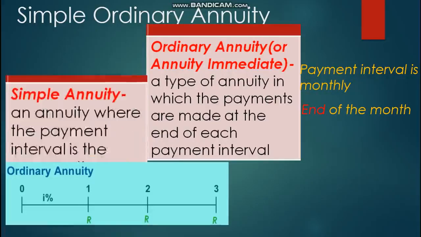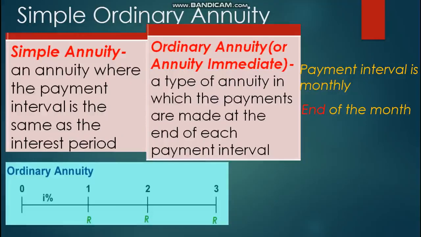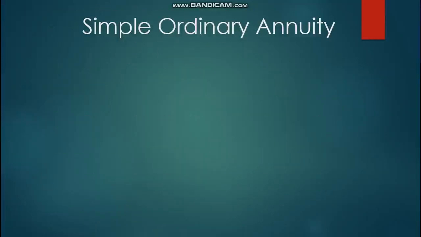Okay. So, therefore, pag sinabi pa lang simple ordinary annuity, dalawang ibig sabihin nun. The same yung payment interval at saka interest period at ang payment time mo will be end of the month, tatawagin siyang simple ordinary annuity. Okay? So, dalawa ang basis para maging simple ordinary annuity siya.